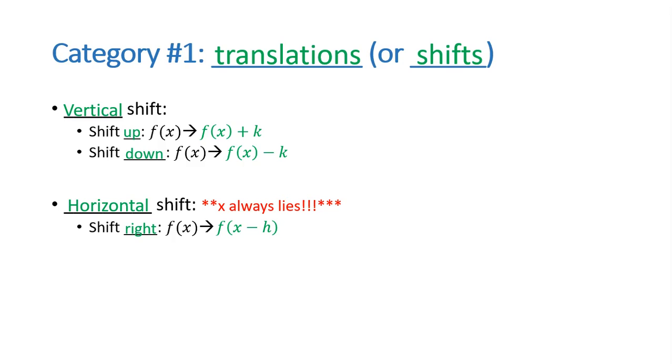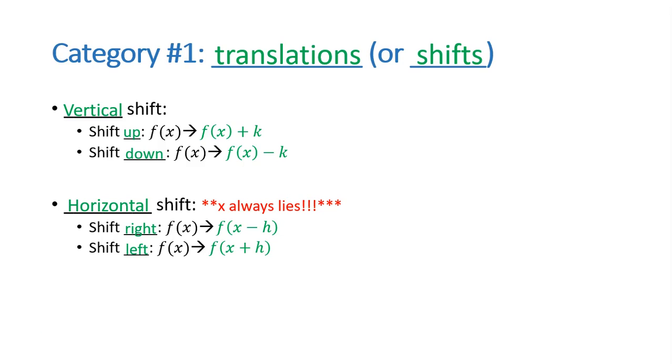So again, x always lies. So x says it's going negative. That means it's actually going to go in the positive direction. It's actually going to go to the right. If we want to shift left, shift in the negative direction, that means it's going to be f of x plus h. Again, the plus is applied before we actually apply the parent function. So we're adding a number inside of the parent function.